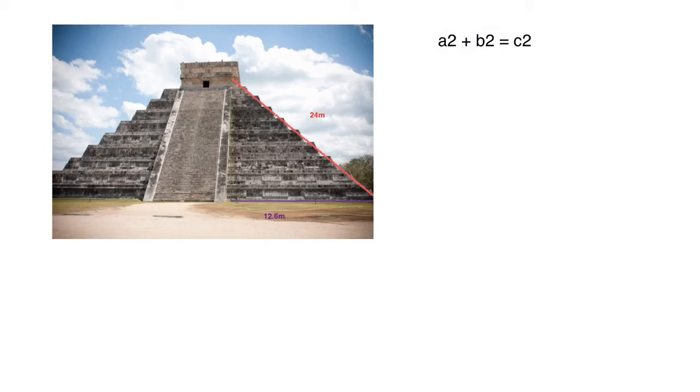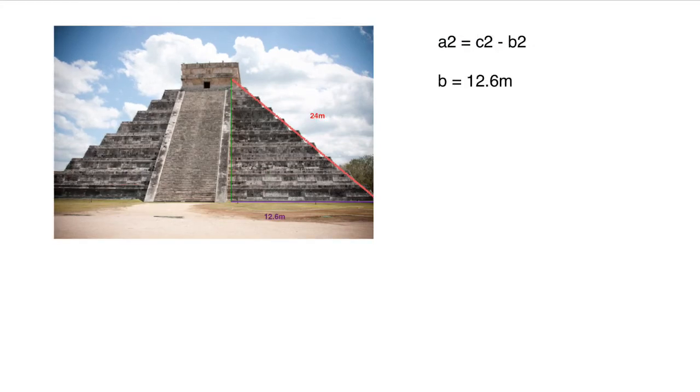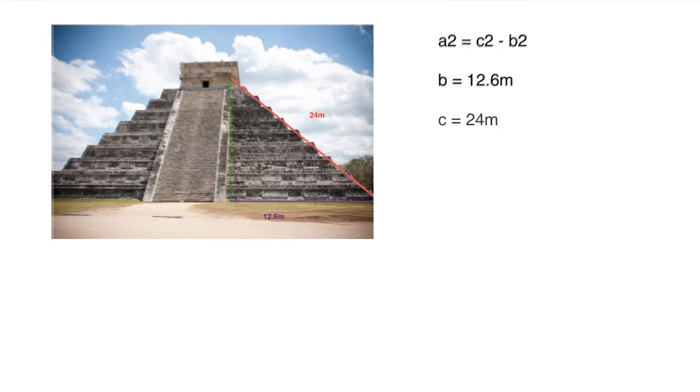So let's begin with our formula. We know that it's A squared plus B squared equals C squared. But in this case, we're looking for A squared. So we're going to get A squared equals C squared minus B squared. Now we know that B equals 12.6 meters and C equals 24 meters.